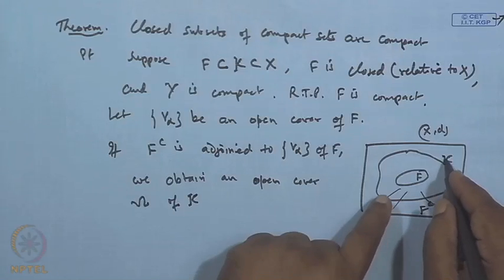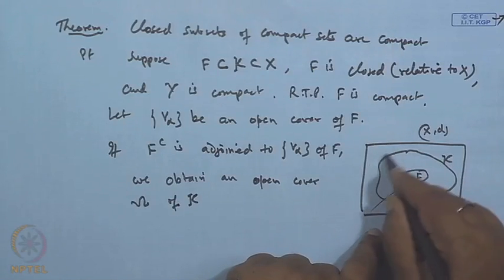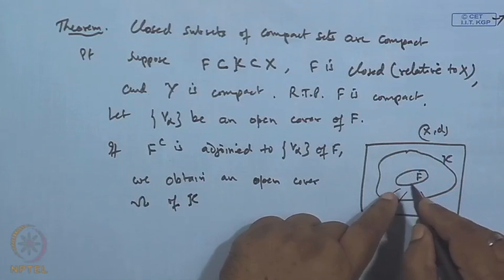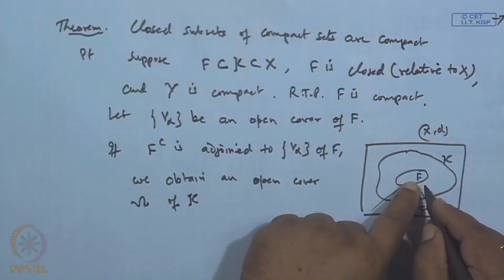Now, we are taking the open cover of K. This open cover omega may contain F^c also.